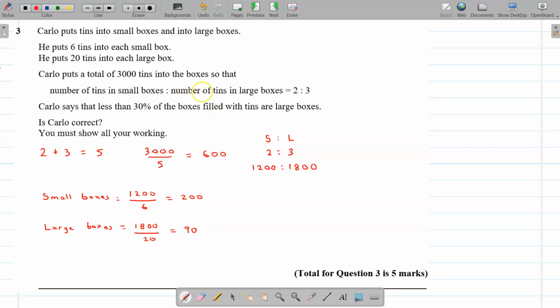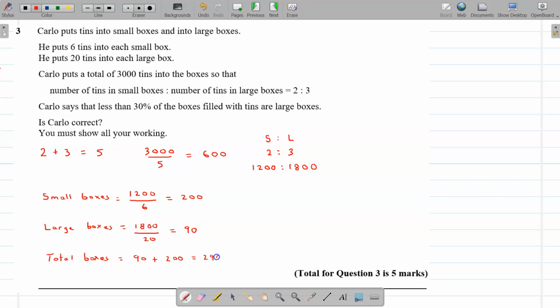Carlo says that less than 30% of the boxes are large boxes. Now, I'm going to say that the total boxes is 90 plus 200, which is 290.